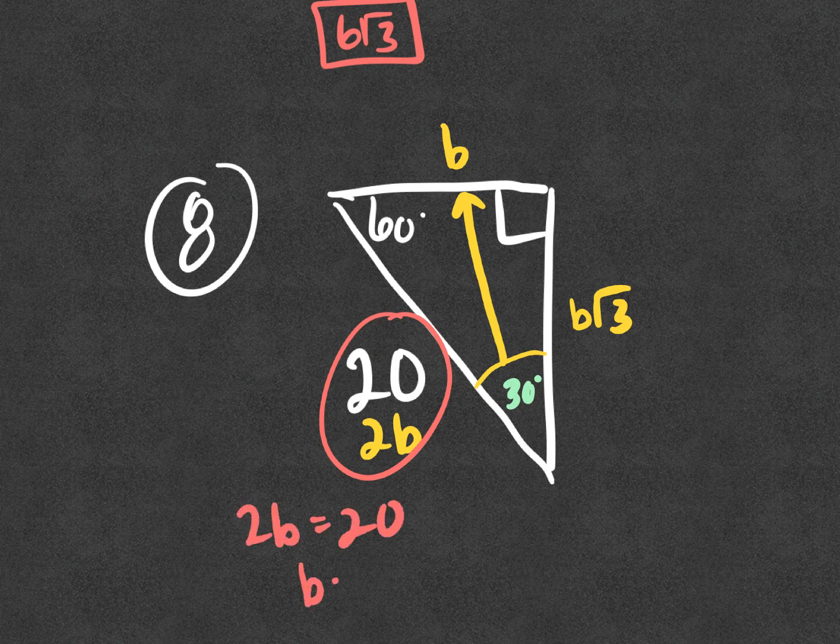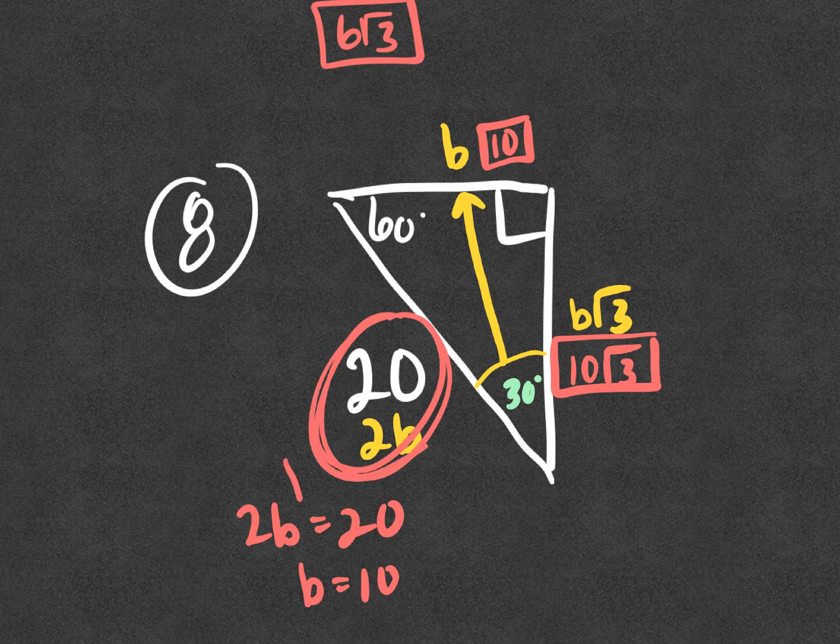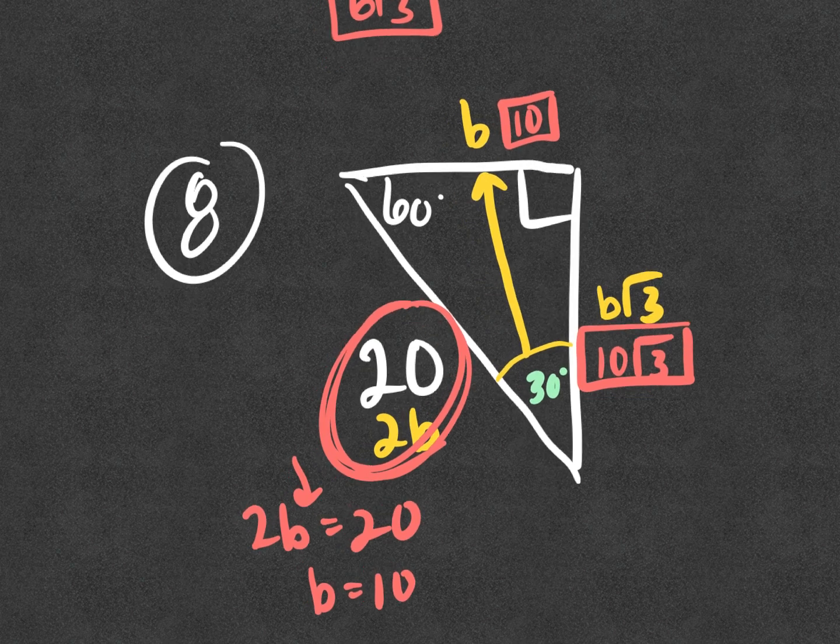Divide both sides by 2, and I get b is equal to 10. And then I substitute that back in for the missing sides. So this one is just b, so that one's just 10. This one is b times the square root of 3, so this one's 10 times the square root of 3. Okay, so same procedure every time. Circle what you're given, solve for a or b, depending on if it's 45, 45, 90, or 30, 60, 90, then substitute it back in.